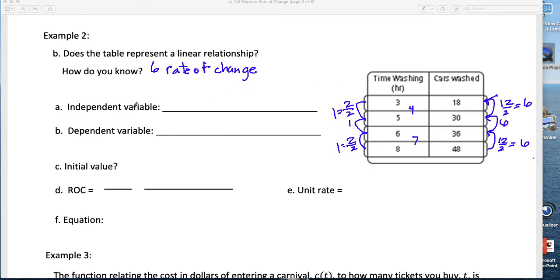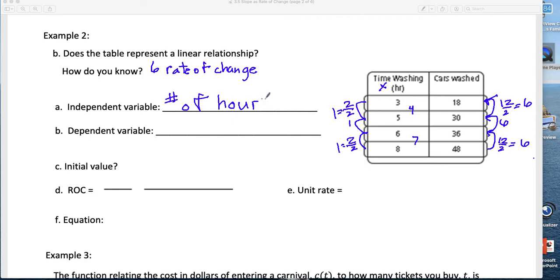Remember, independent variable, if I've got time, it's probably going to be the independent variable. And my time washing cars is in hours, so here's my X. It's going to be number of hours. And if you want to put just hours for now, you'll be okay.